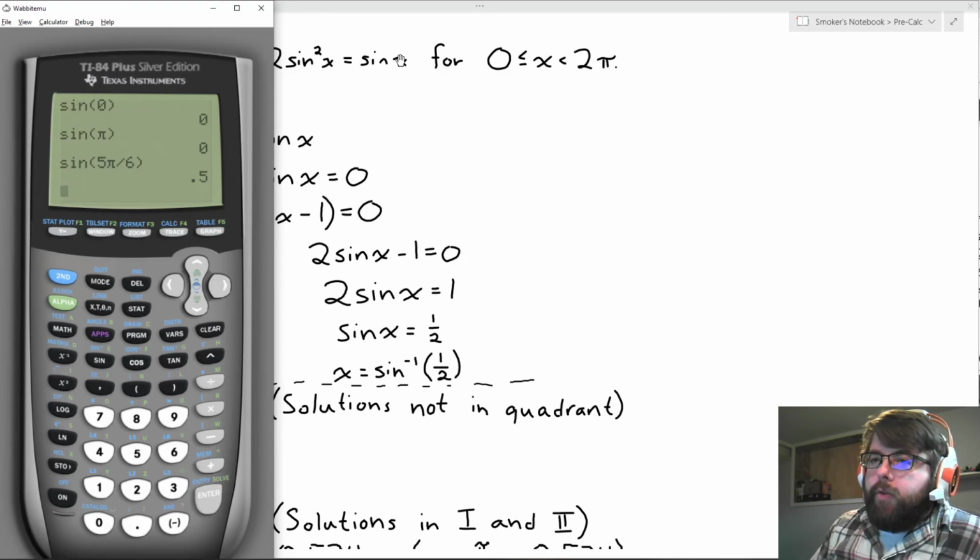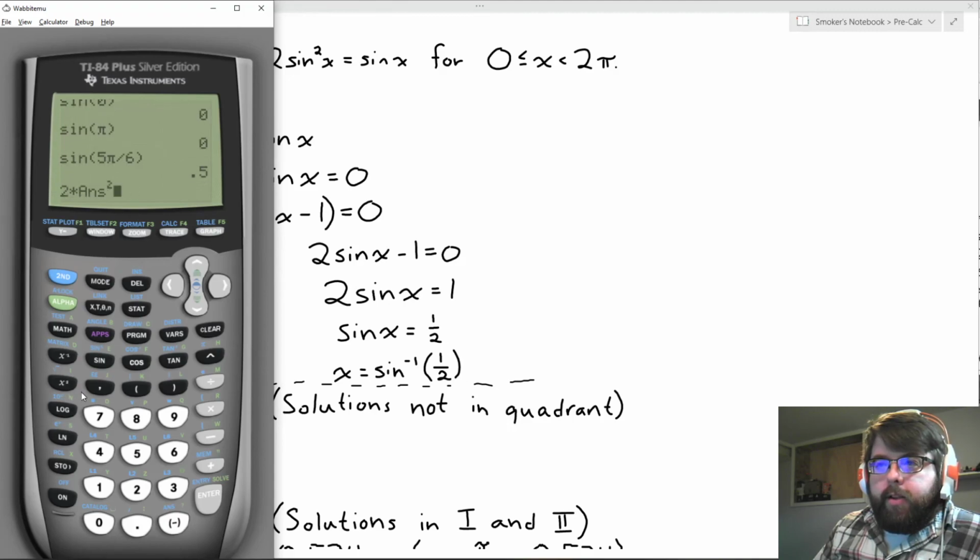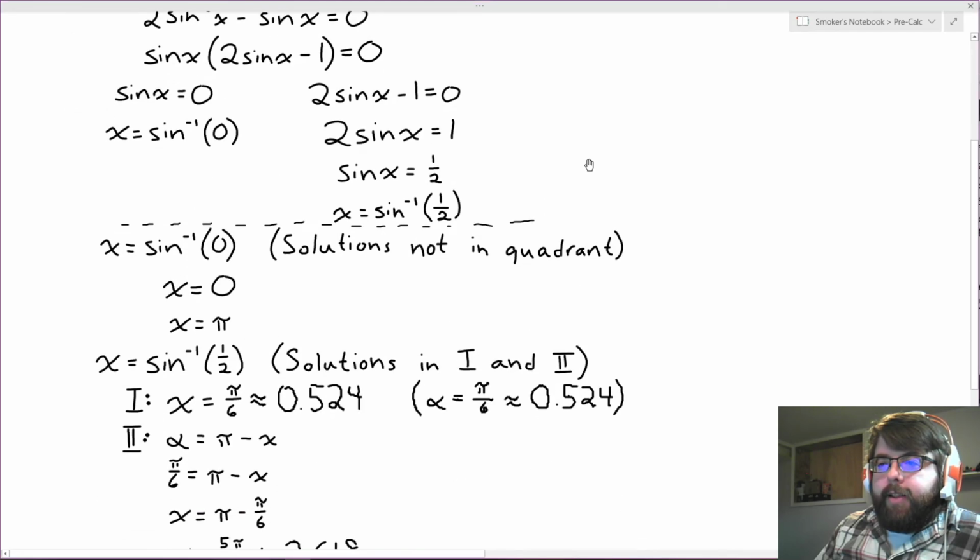Okay, that's what I get on the right. So 2 times that answer squared should be the same thing, 0.5 on both sides. So I plugged in 5 pi over 6 here and here, and I got 0.5 on both sides, so they're equal. That's just me testing that that is correct.